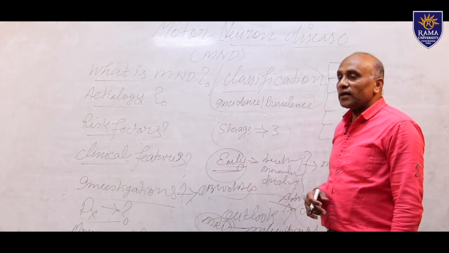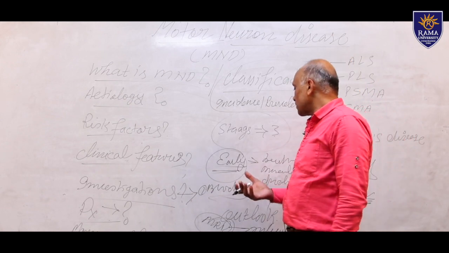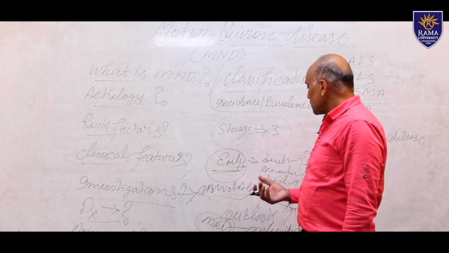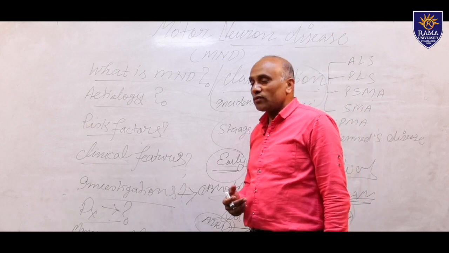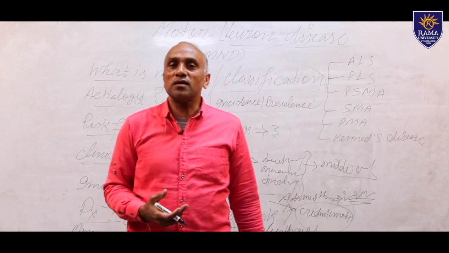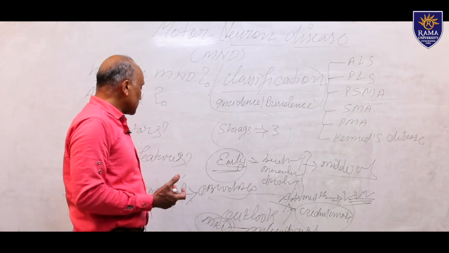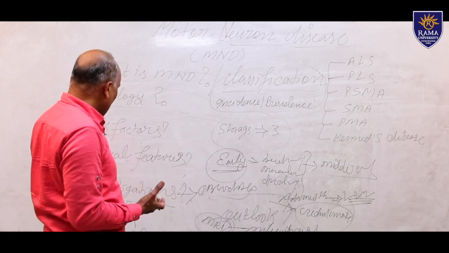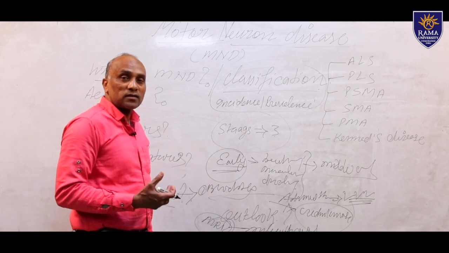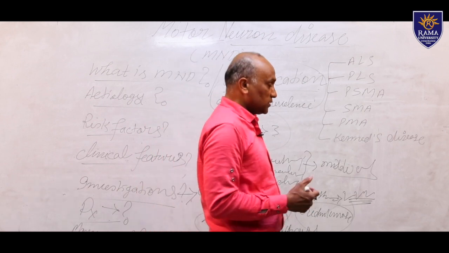Finally, if we find nothing, there is some chance that motor neuron disease is present. On this basis we can get some idea about the diagnosis of motor neuron disease.